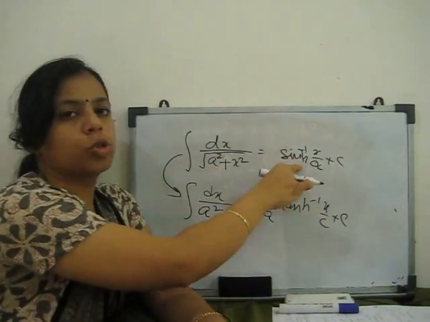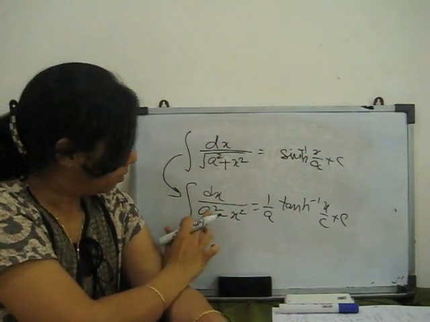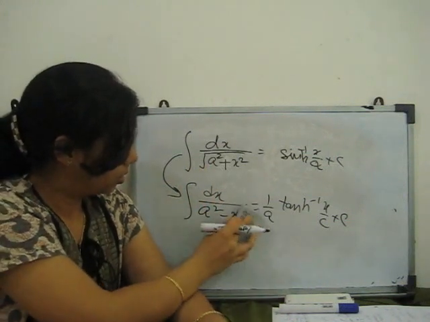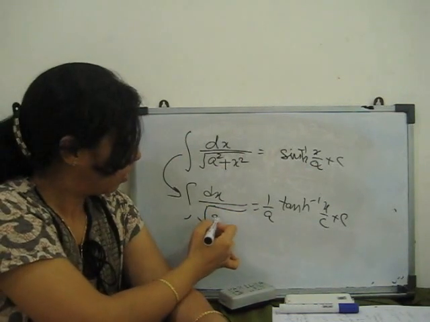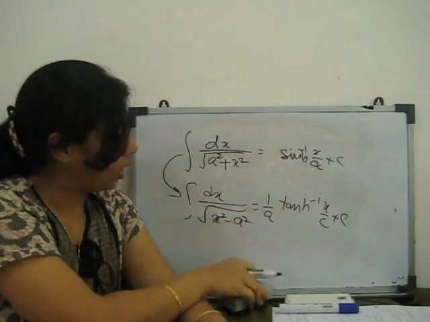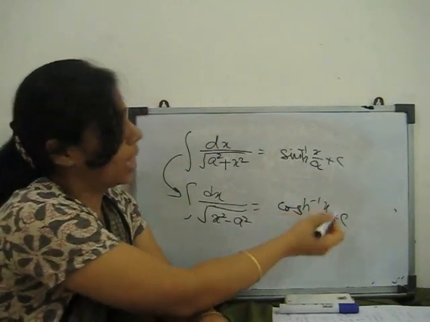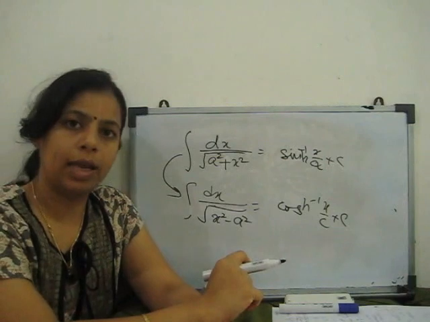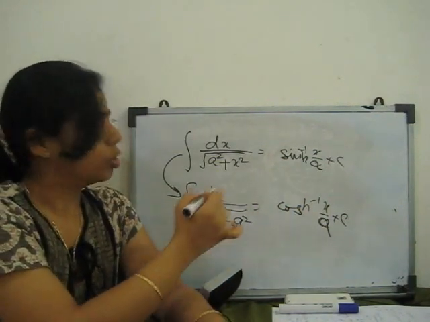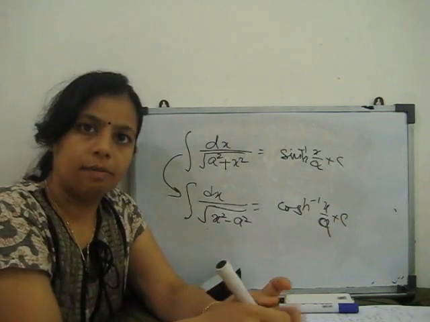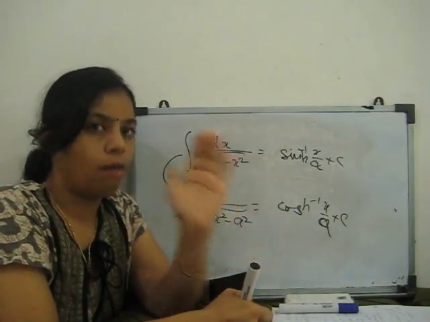Similarly, with a little difference, dx upon under root of x square minus a square gives cos hyperbolic inverse of x by a. So these are the hyperbolic inverses which we can very easily use in integration.